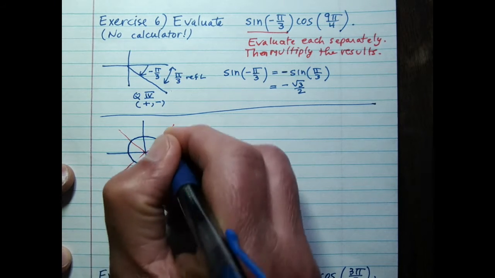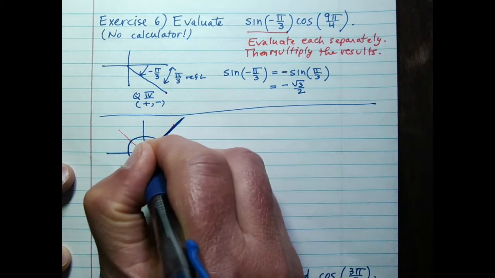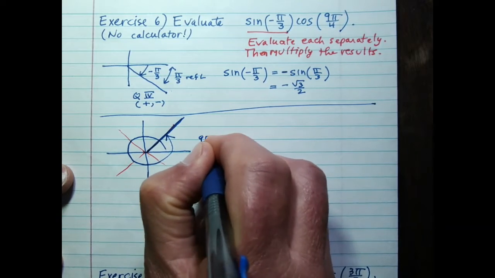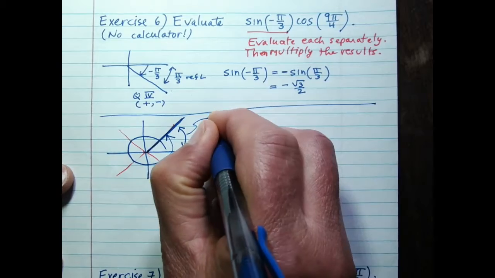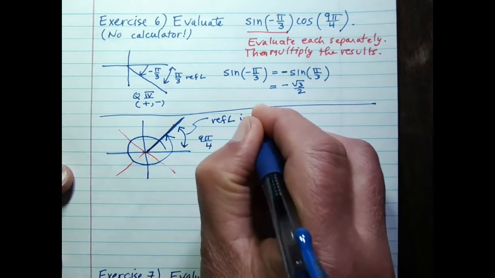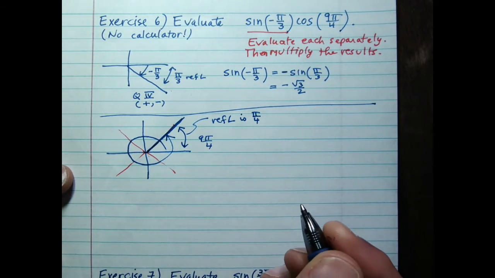There's 9 pi over 4. It actually has the same terminal side as pi over 4, which is 45 degrees. And the reference angle is pi over 4, because I went pi over 4 beyond one full circle.